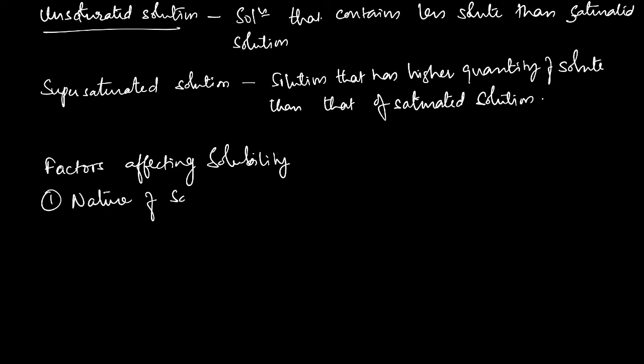We know that like dissolves like. That means generally a solute which is polar in nature will be soluble in polar solvents, and a solute which is non-polar in nature will be soluble in non-polar solvents, that is organic solvents.